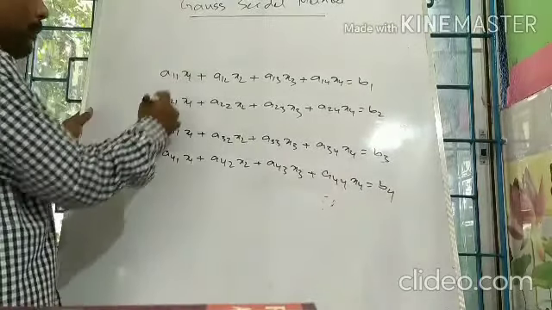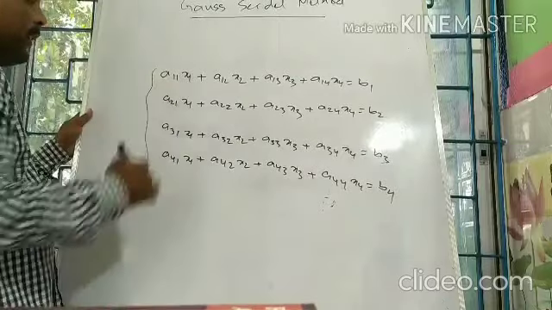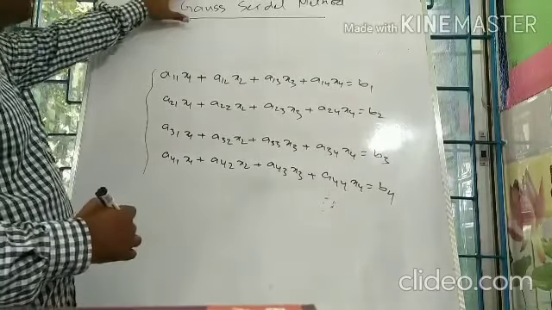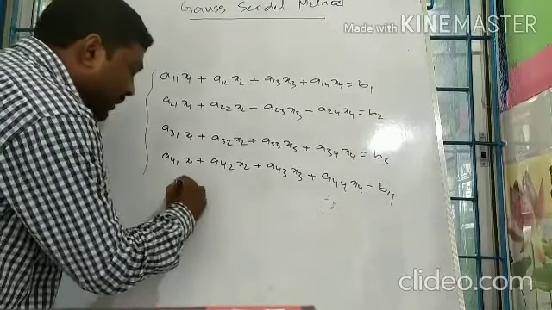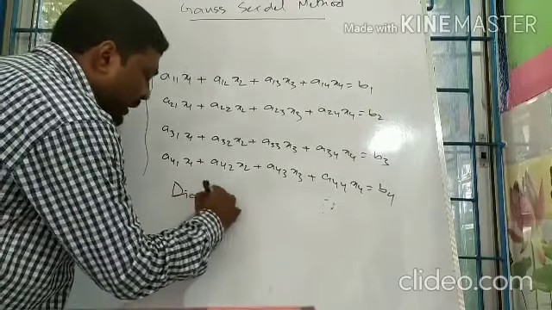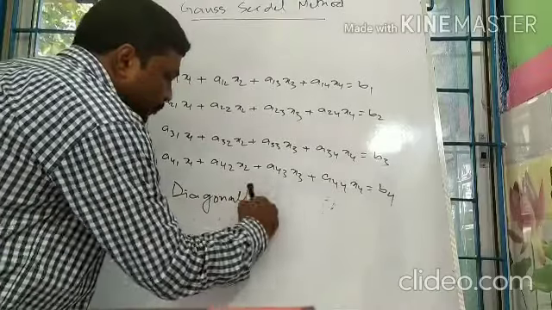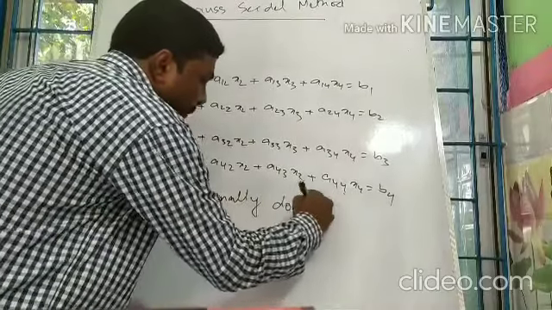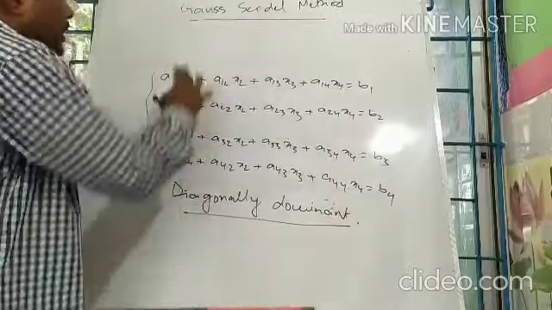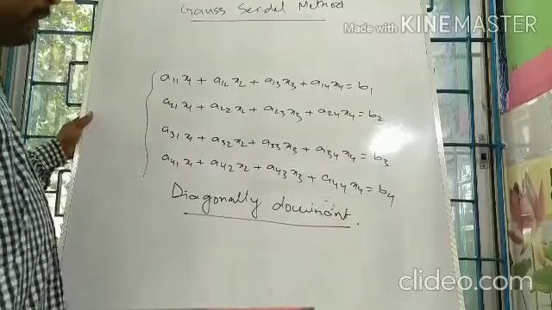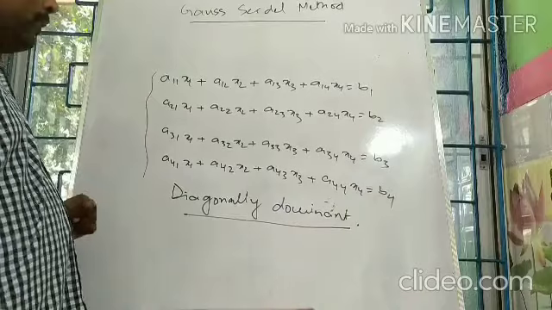Now this system of equations is solvable under Gauss Seidel iteration method if it is diagonally dominant.